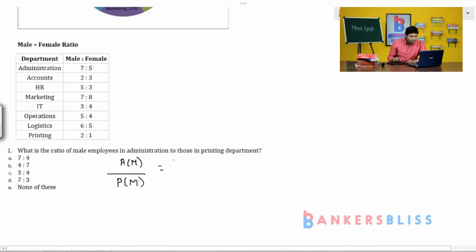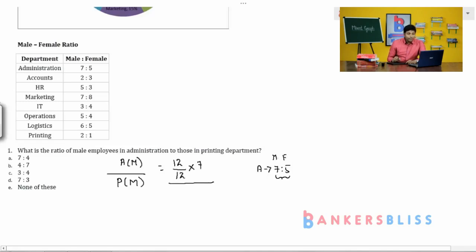So administration forms 12%. So in what ratio do you have to divide? See, administration is 7:5, means 7 plus 5, 12, divided by 12 into 7, that is male. 7:5, male is to female.